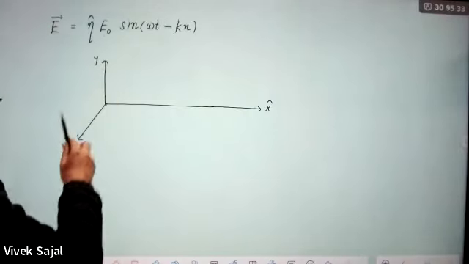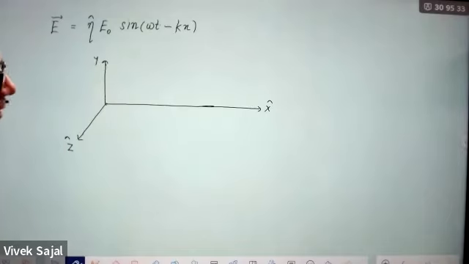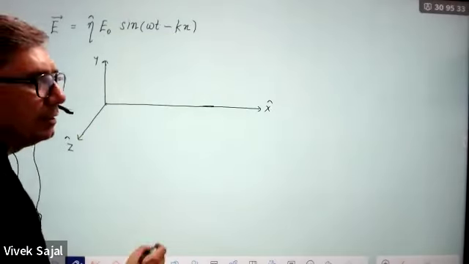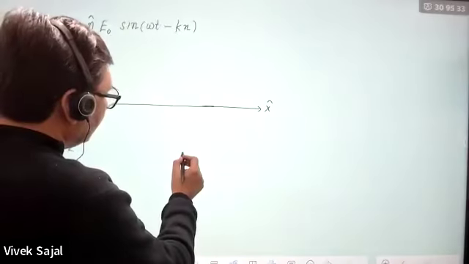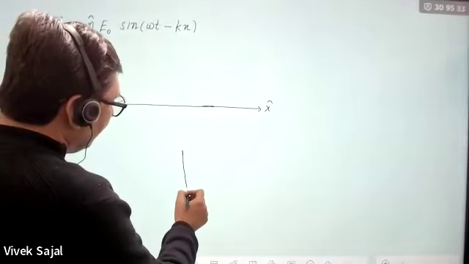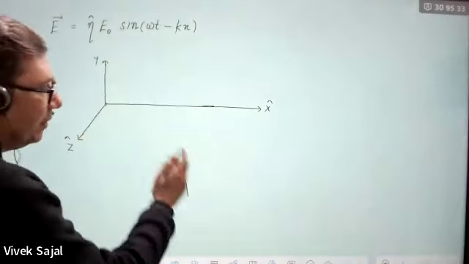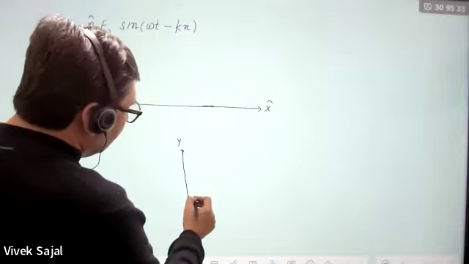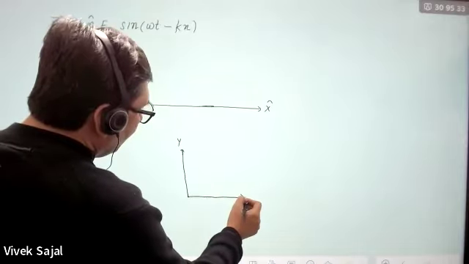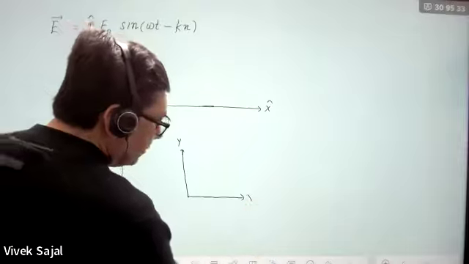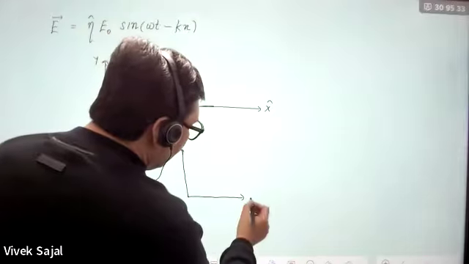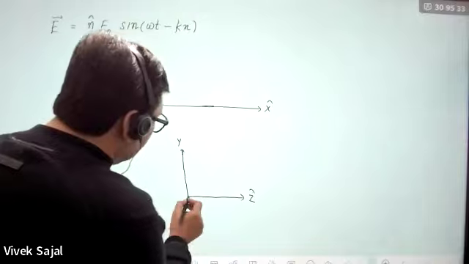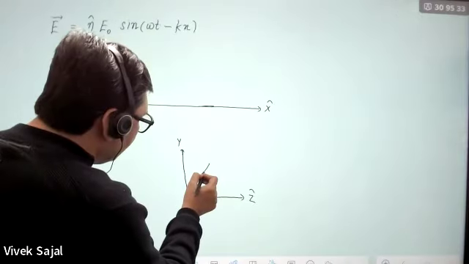It is making some angle with respect to y and z. Suppose this is y axis here, front face I'm showing you, and this is z axis. So where your electric vector is, your electric vector is like this.